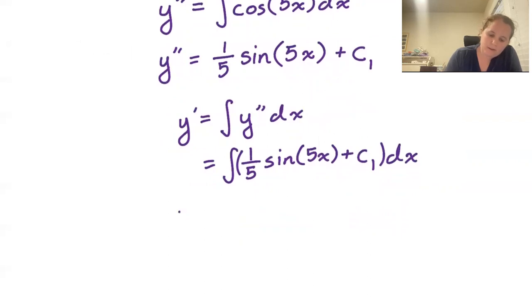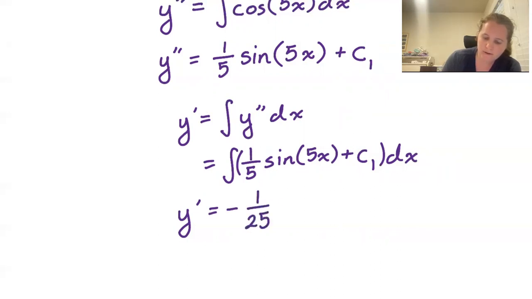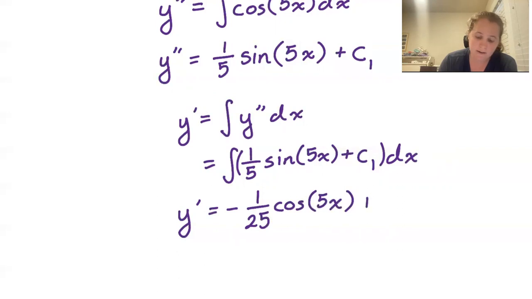So we wind up getting that y prime is equal to, integral of sine is negative cosine. Again, use substitution, we're going to have to divide by another 5. So we'll have negative 1/25 cosine of 5x plus c1, integrating a constant, you just have plus c1 times x. And now we will have a plus c2.